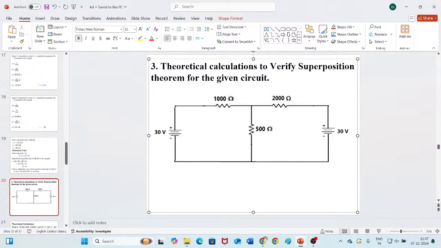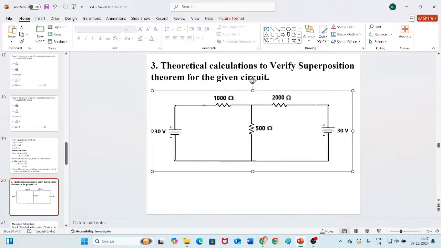So let us verify it theoretically. This is the given circuit.